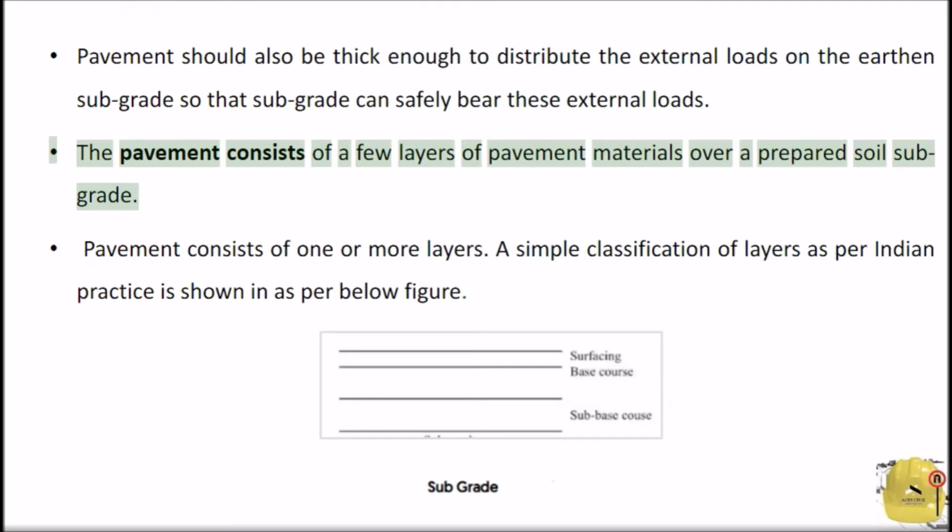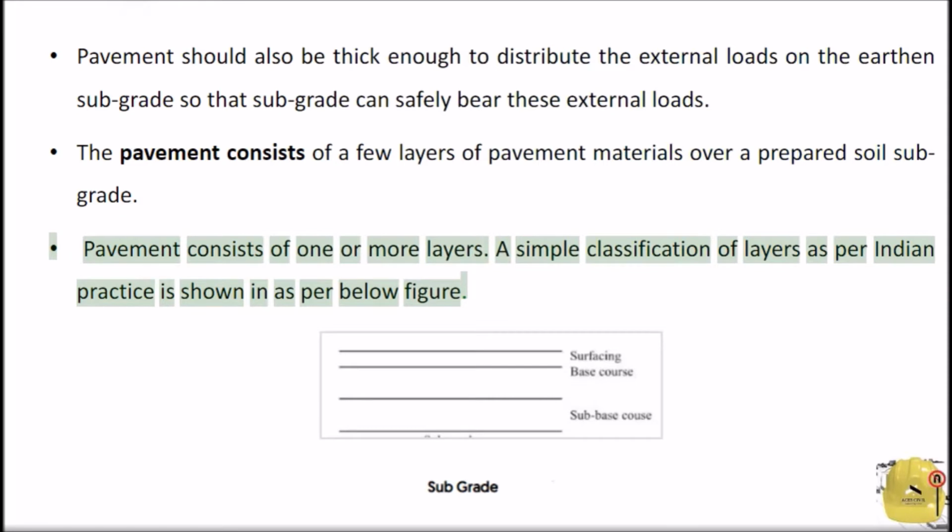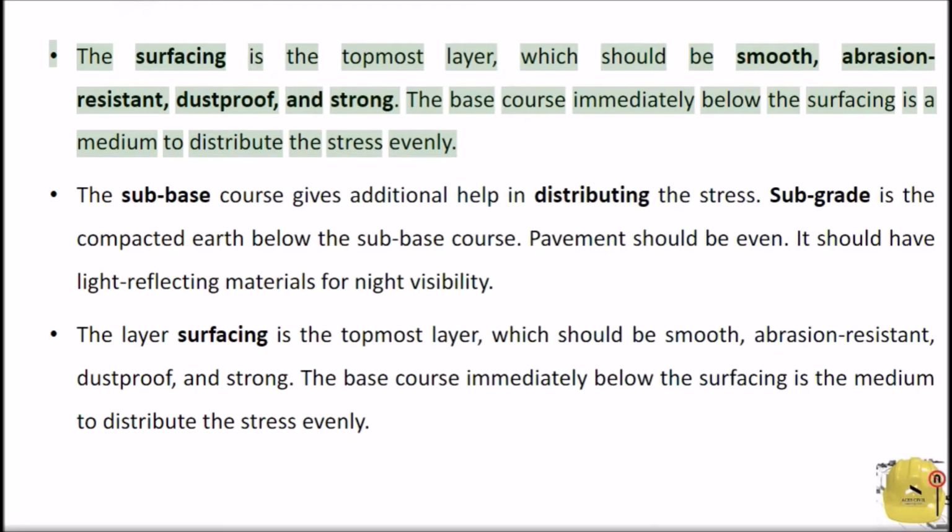The pavement consists of a few layers of pavement materials over a prepared soil subgrade. Pavement consists of one or more layers. A simple classification of layers as per Indian practice is shown in the figure below. The surfacing is the topmost layer, which should be smooth, abrasion resistant, dustproof, and strong.